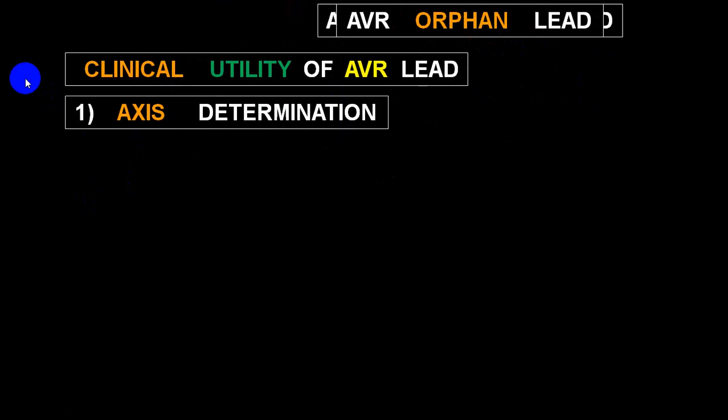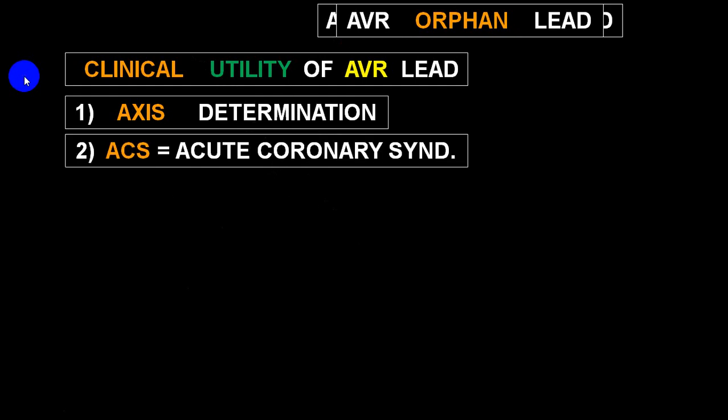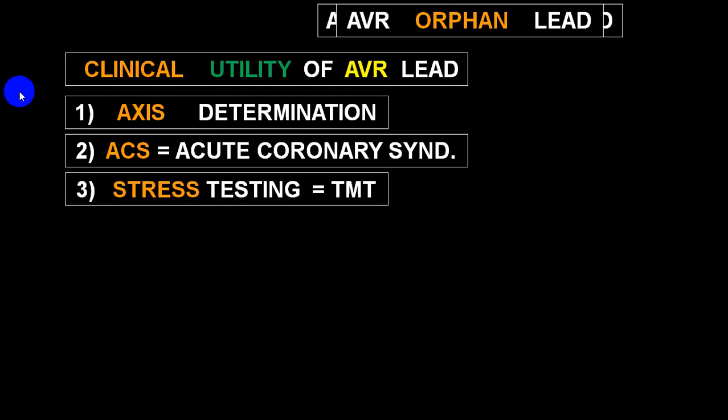Axis determination: yes, sometimes it helps you to identify the axis. Even if you can't identify it by lead 1 and AVF or lead 1 and lead 3, you can utilize AVR for axis determination in some conditions. It is also very useful to identify certain acute coronary syndromes. We'll show you that in future slides.